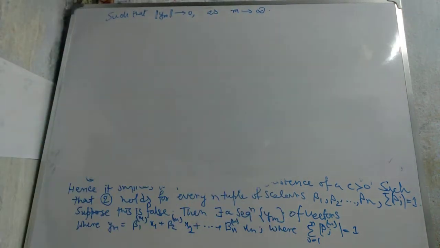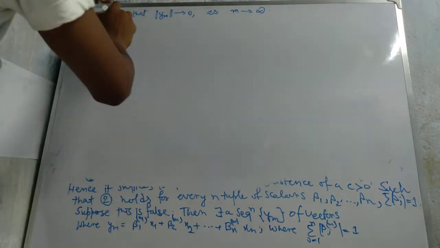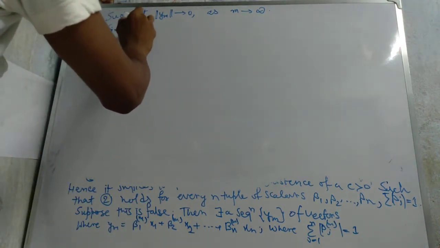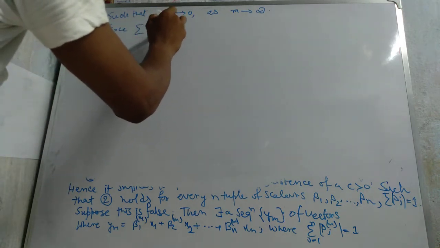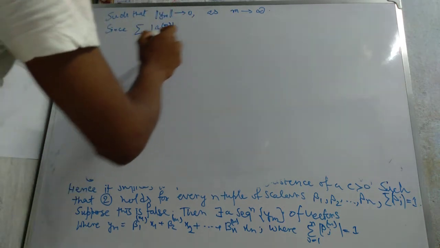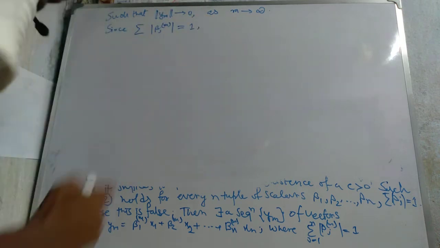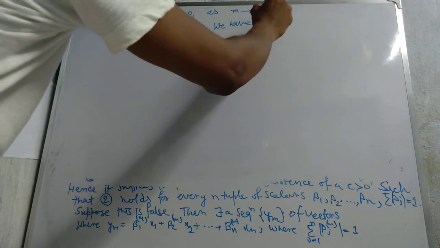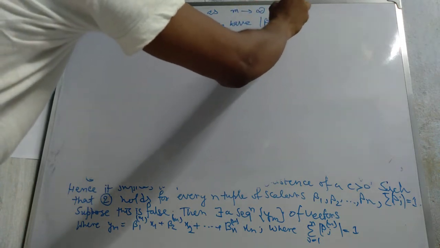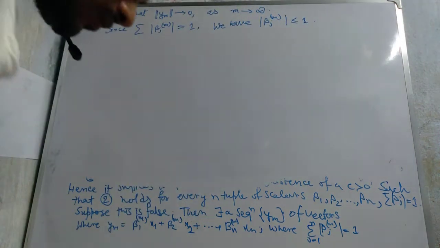Now since the summation of the moduli of beta jm equals 1, we have the modulus of beta jm less than or equal to 1.